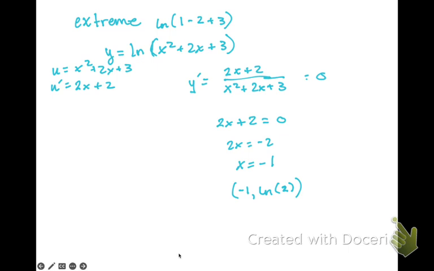So, is it a min or max? Min. It's a min because this equation would open up, correct? Why would this equation open up? Because it's a parabola and it's positive and it's opening up. It's not going to look like a parabola, but it's going to have that same shape. That's all I got from you today.